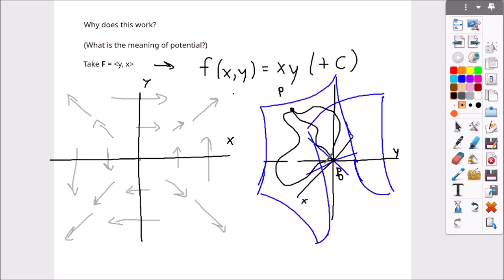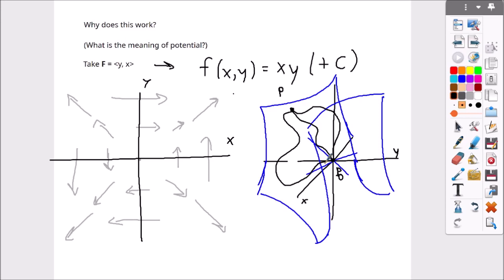With ones that are not conservative, I could be doing some more work. I could draw a gradient field right now that's not conservative, but I'm not going to do that right now. With fields that are not conservative, I'm going to be doing work differently depending on what path I take. But this is conservative, so you can make a function out of it.